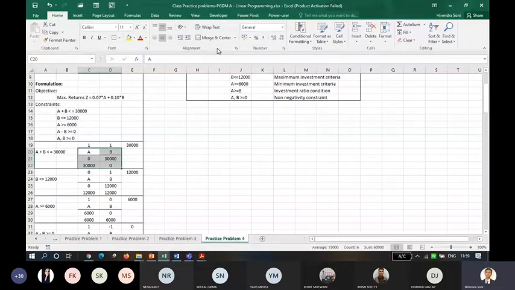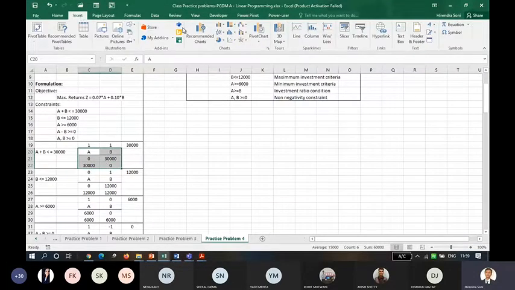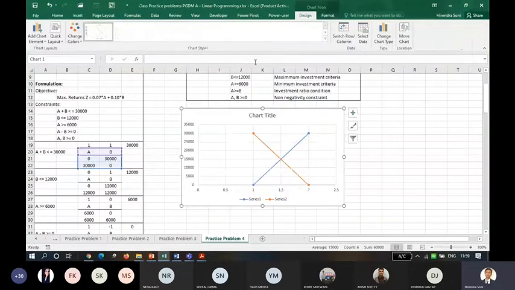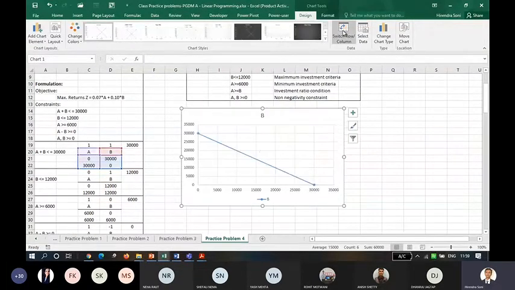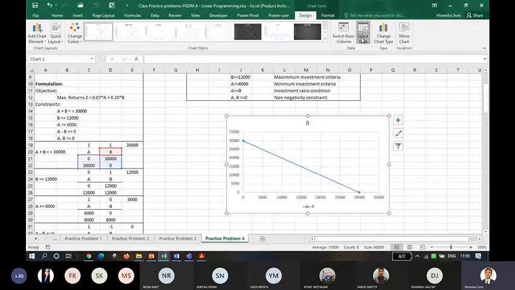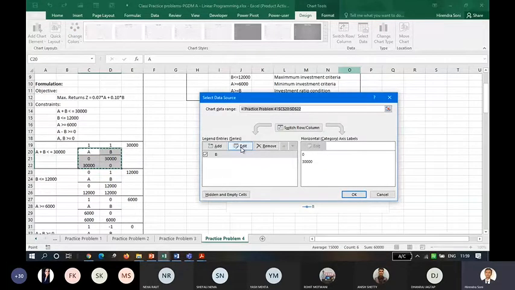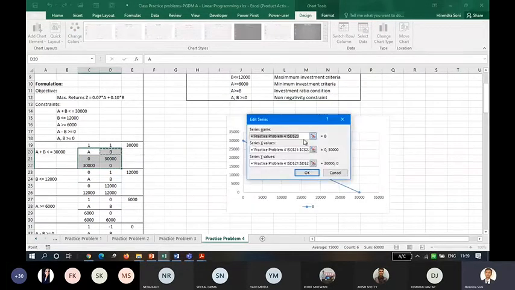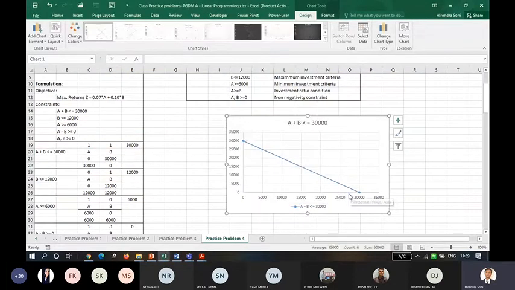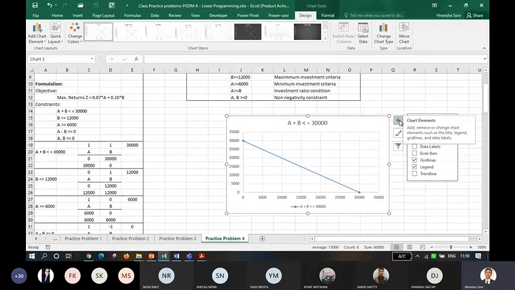Suppose I take this many values and I start with my scatter plot. I take this one or this one, whatever is convenient, and switch the row to column. So this is what we have got. I'll go to select data, fine, edit. Now here, instead of this, I would say this is that equation, fine. Now let's also add axes.